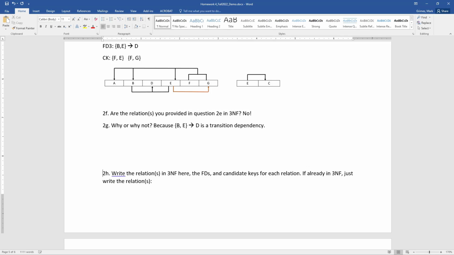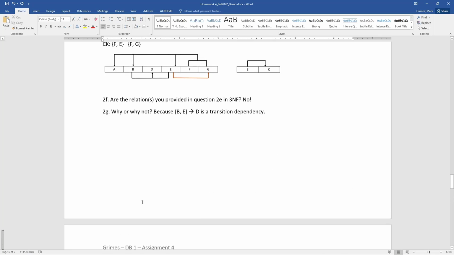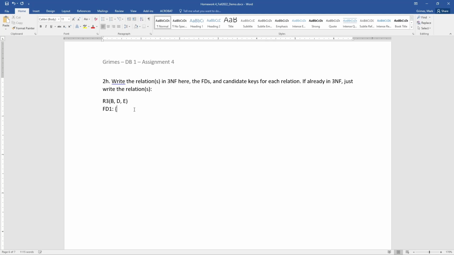So in order to resolve that, we're going to create a new relation, relation 3, which is B, D, E, with just one functional dependency of BE determines D. And a candidate key of BE, because of course BE functionally determines B and E through reflexivity and determines D through functional dependency 1.